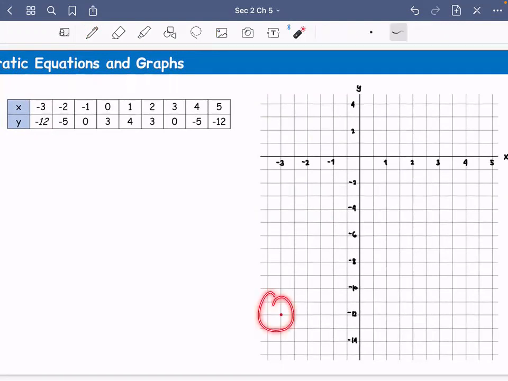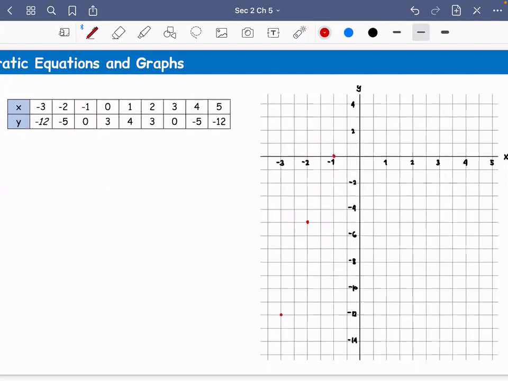Next point is -2 and -5. It's over here. Next, it's -1 and 0. So where's -1? And then here's 0. It's on the line here.